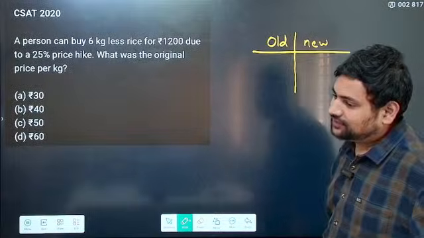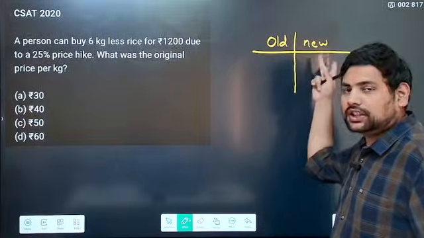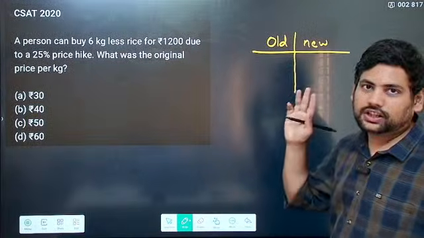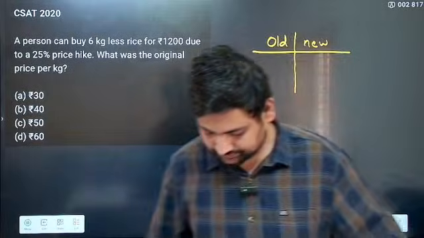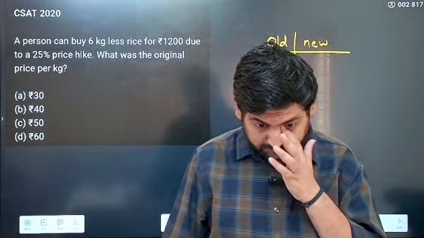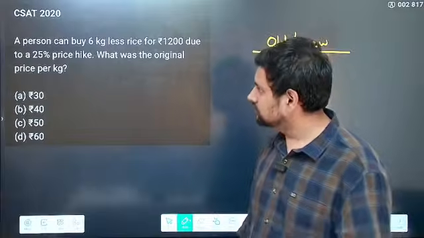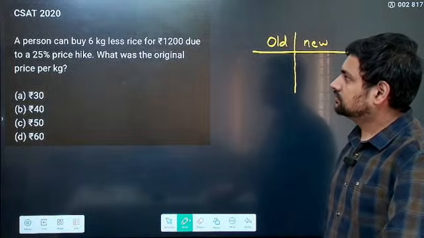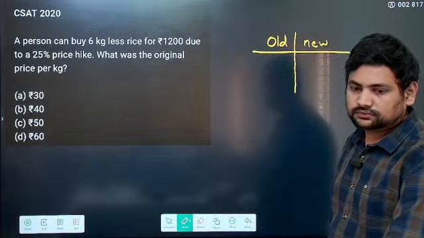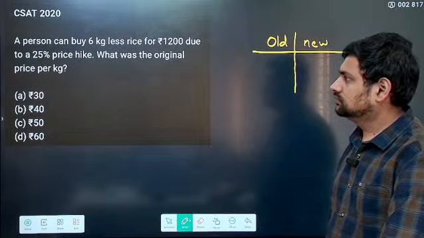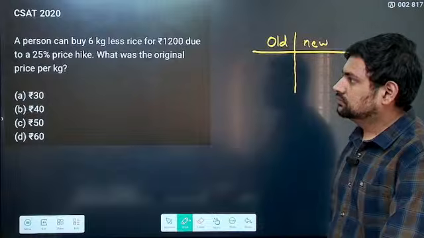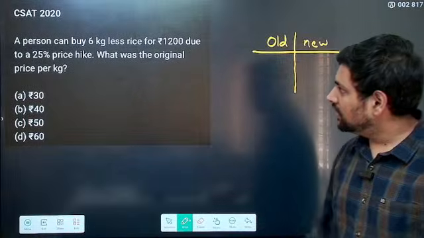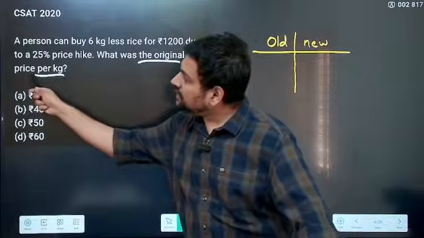Old and new. Write down the old price, then the new price, old quantity, new quantity. Focus on the question. What was the original price per kg is asked.